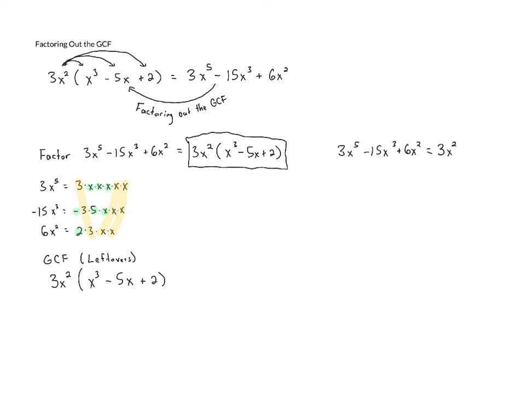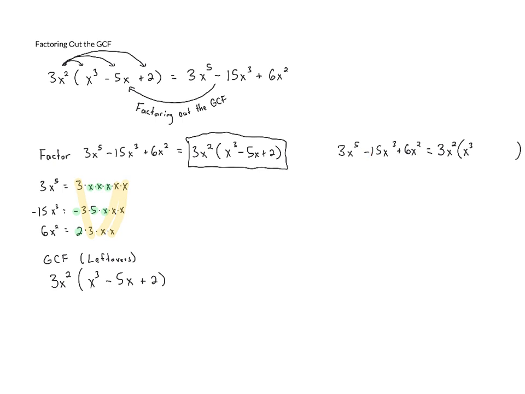Now, to figure out what the leftovers are going to be, we need to take each of these original terms and divide them by 3x squared. So if we take 3x to the fifth and pull out 3x squared, we get rid of the 3. And if we start off with x to the fifth and pull out an x squared, that still leaves us with 3 factors of x, or x cubed.